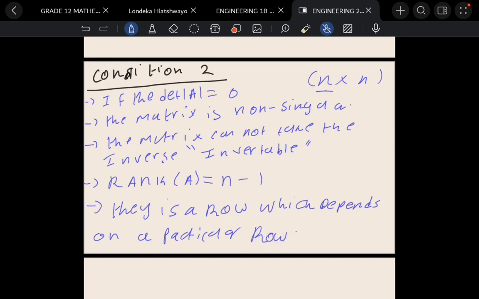So there is a row here that is depending on a particular row, so that's why we say that the rank is n minus 1.